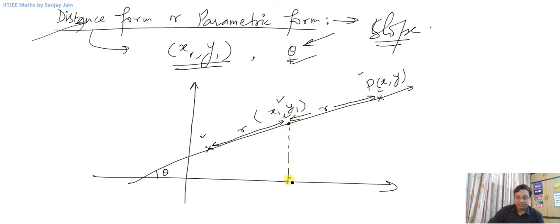If I drop the perpendiculars on the x-axis and join this by drawing this line parallel to the x-axis like this, what can you say about this angle here? This will be corresponding to this angle, so it will also be theta. So this distance here is r cos theta, and this side of this triangle is r sin theta.